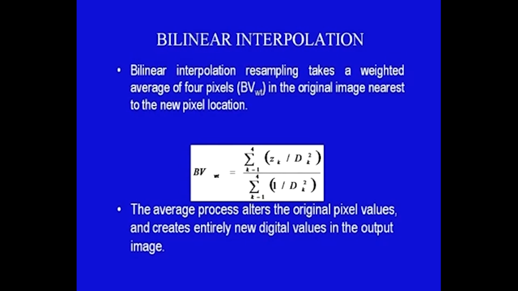This can be expressed as BV new, which is equal to the summation of the 4 pixel brightness values divided by the square of the distances of these points. The averaging process alters the original pixel values and creates an entirely new digital value in the output data.